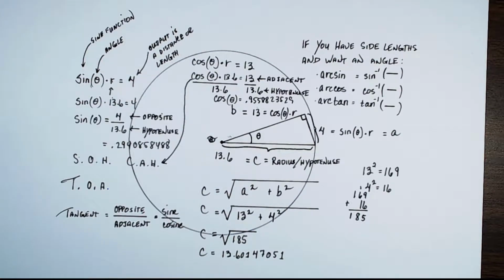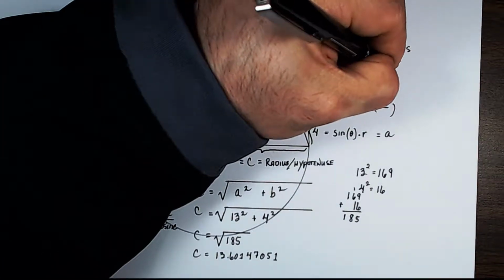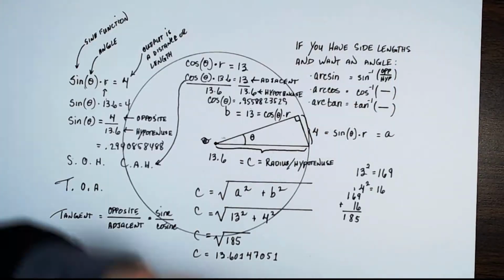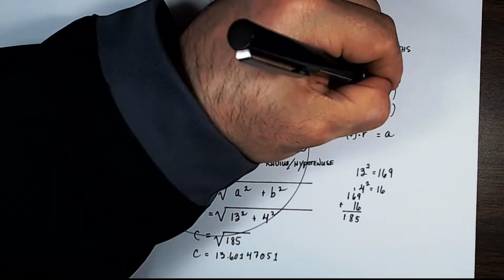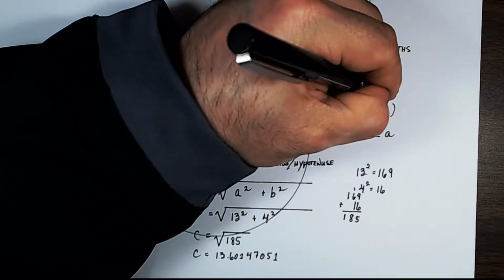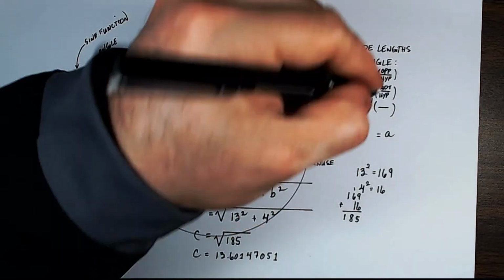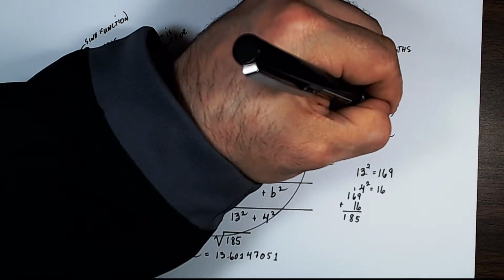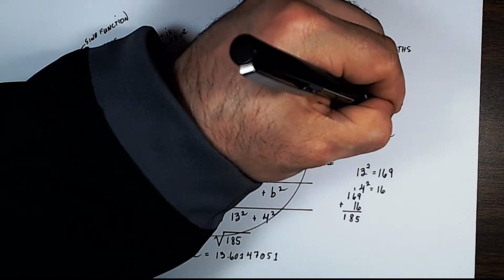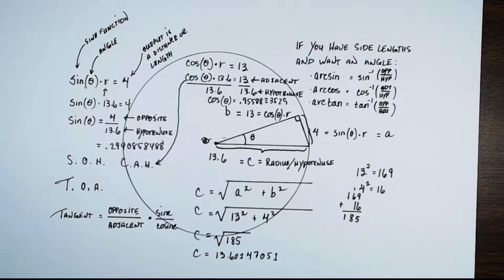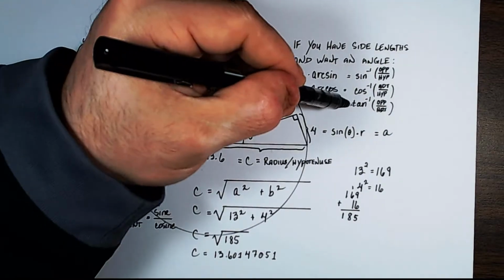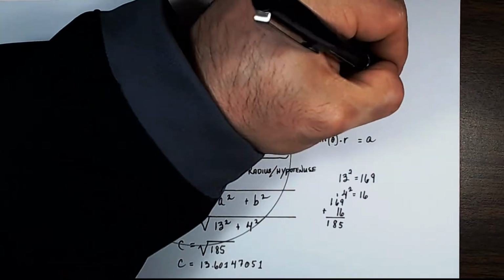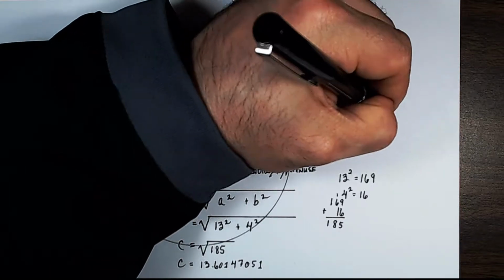For cosine, you're going to put in adjacent over hypotenuse. And for tangent, you're going to put in opposite over adjacent. And for tangent, remember that's sine over cosine. Okay, so we're going to compute this out. We want to know the angle.